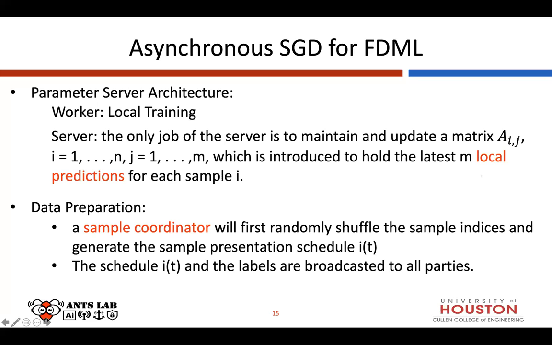And they also need a data preparation step. They need a sample coordinator, which will first randomly shuffle the sample indices and generate the sample presentation schedule, which indicates the order in which samples should be presented to the training algorithm. With this schedule, all the parties will present the data in the same order.